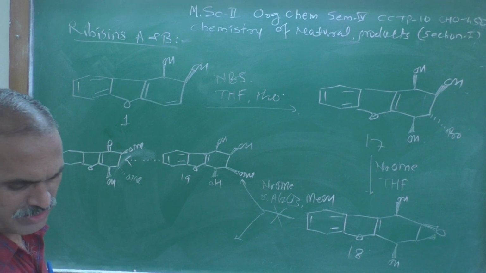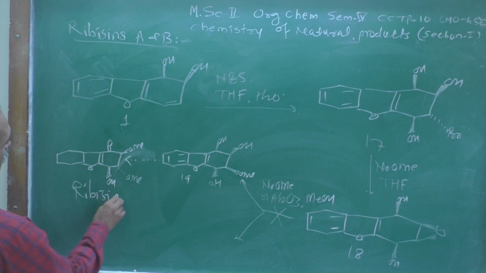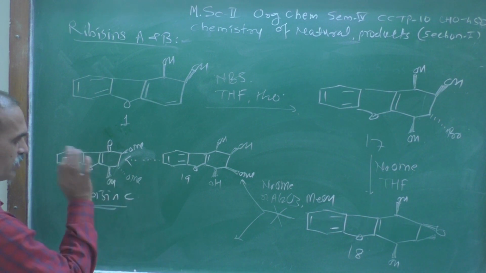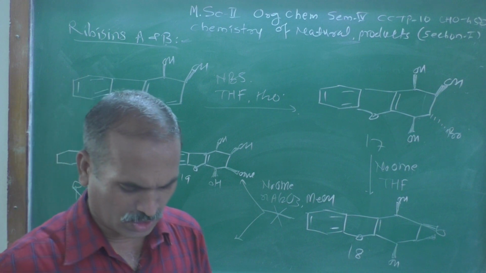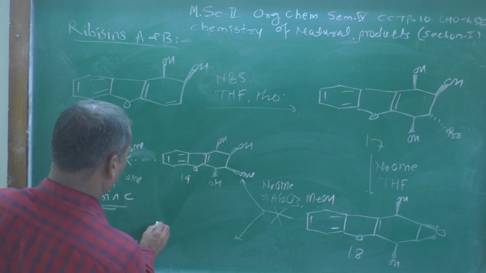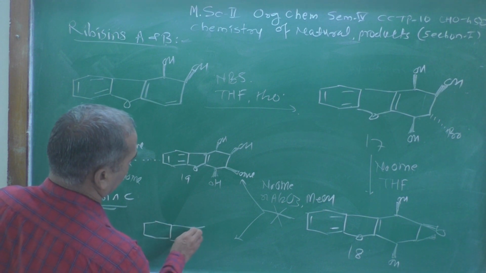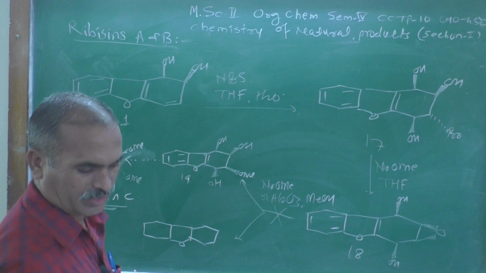This, ribosine C, is not obtained at all, and this is the possibility, structure number 20, which I am representing over here.